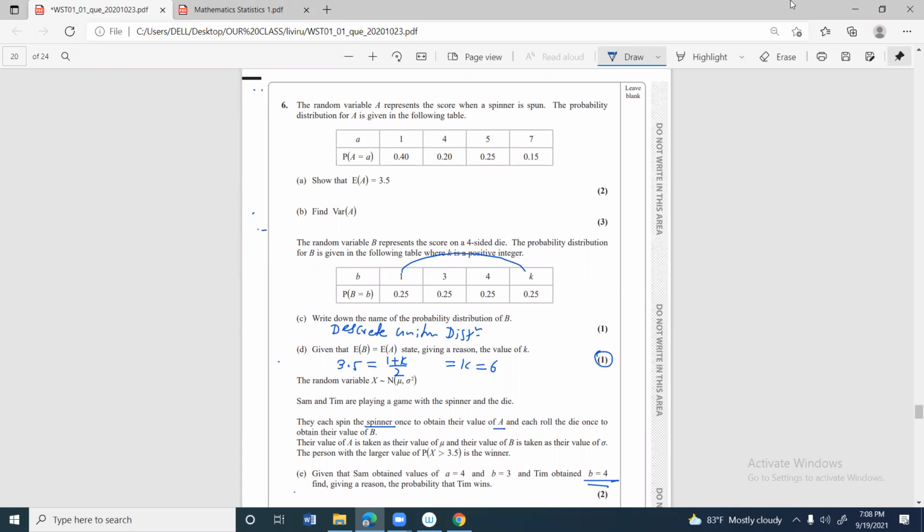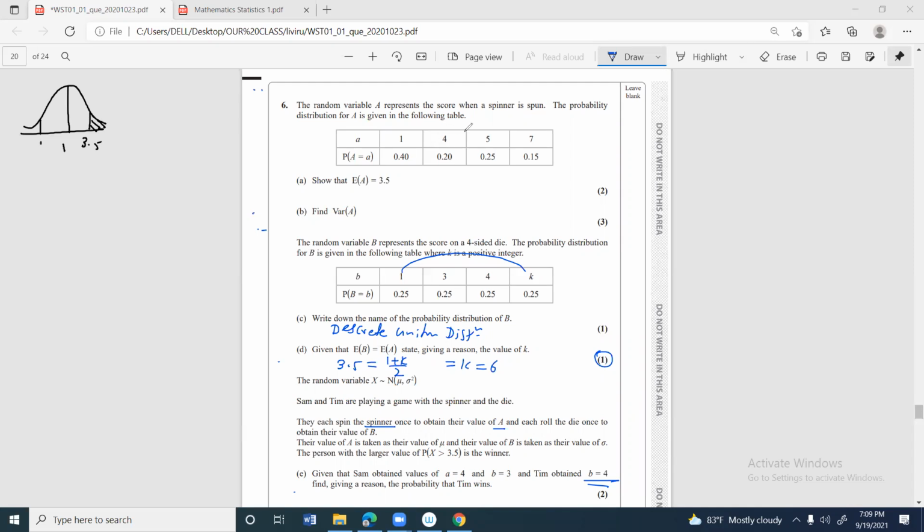Now look at this. If the mean is 1, the probability of getting 3.5, it's somewhere over here. You get the probability of this region.